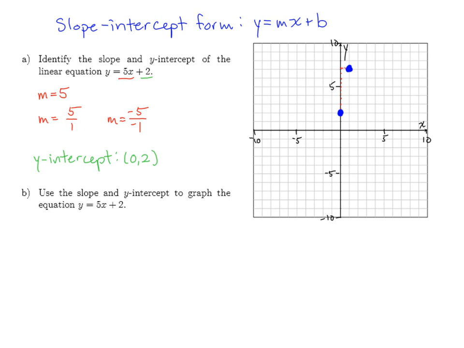So moving from 0, 2, I'll go down 5 units, so I'll be where y is -3, and left 1 unit, and that will put me at the point -1, -3. So I'll mark that off on my graph as well.